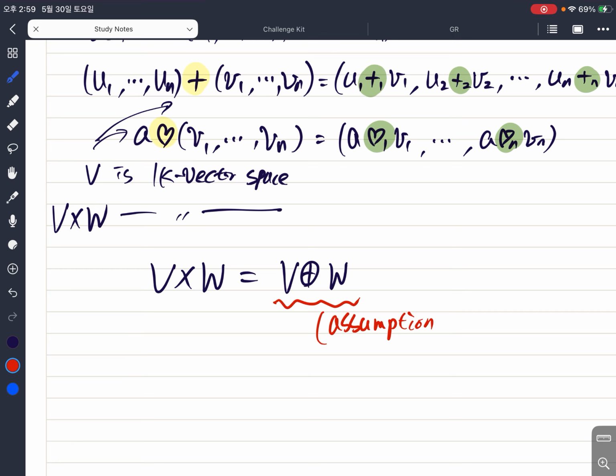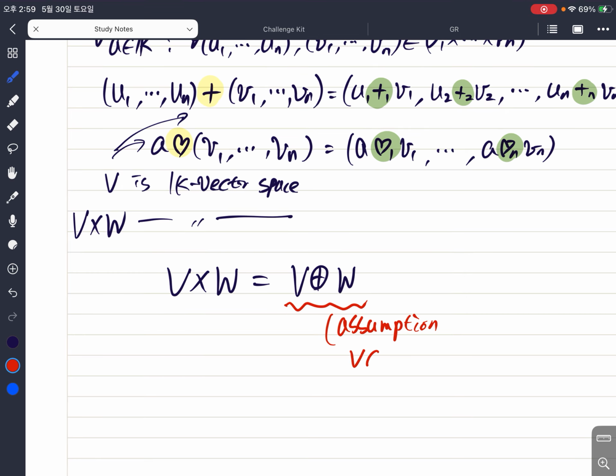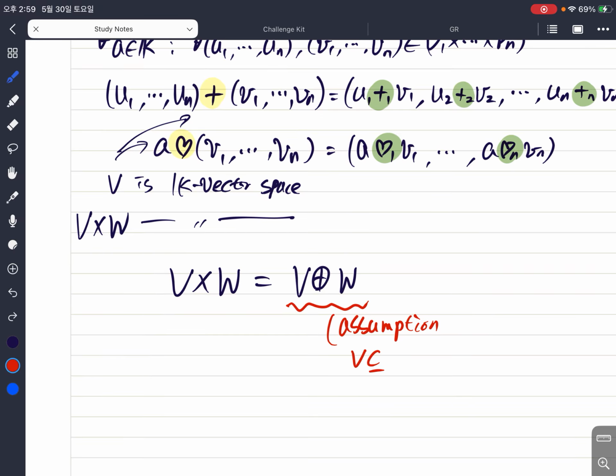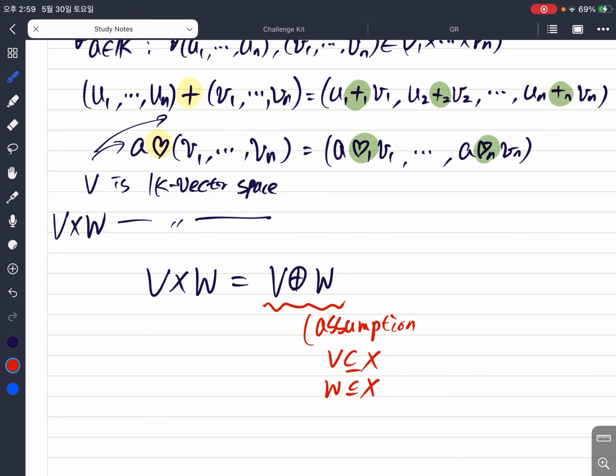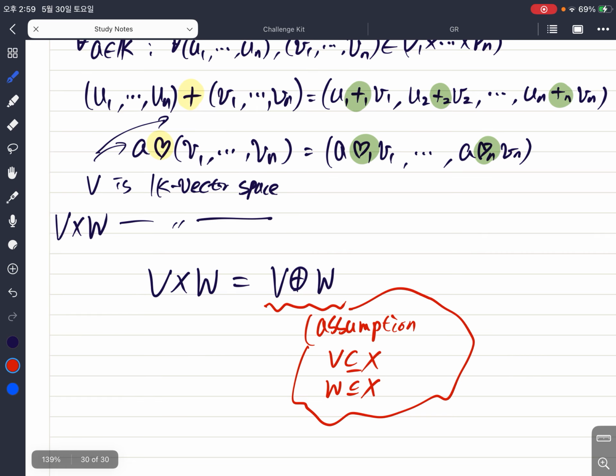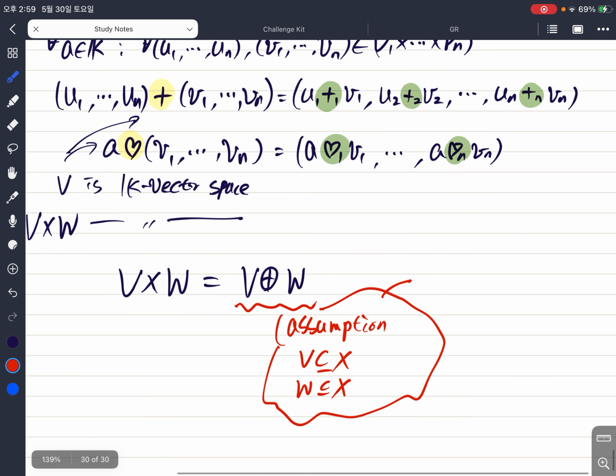If we write this, it means that V is some subset of some X, and W is some subset of X. Why do we write this? Because of plus, union and intersection.